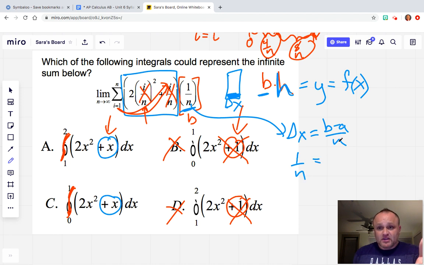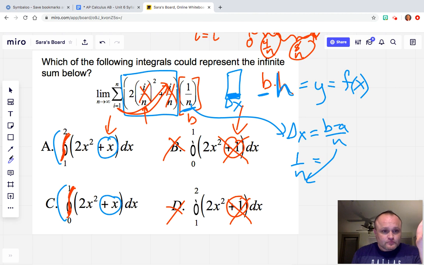Therefore, b minus a needs to equal 1 for that to happen. Okay, because you see those n's match up. So b minus a should be a jump of 1. Well, from 1 to 2 is a jump of 1. From 0 to 1 is a jump of 1. We just have to ask ourselves, where exactly are we starting? Are we starting at 0 or are we starting at 1?